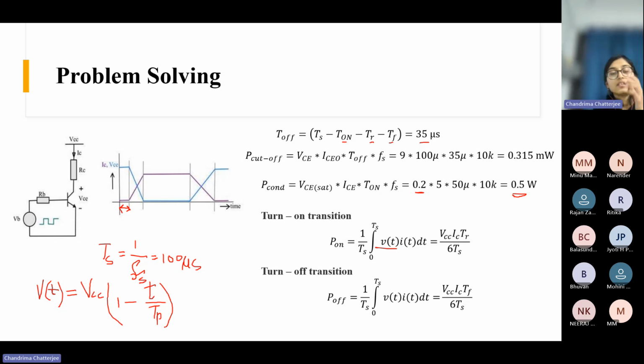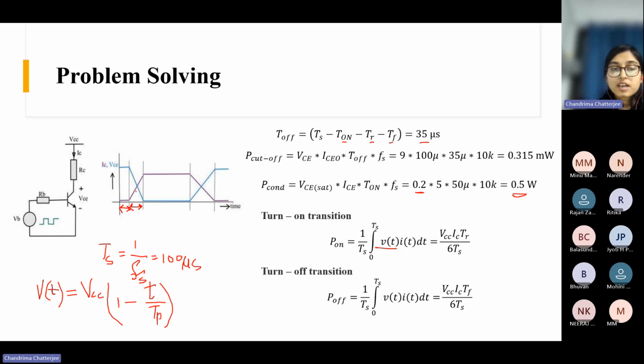Is this fine? I am talking about this portion. This will be our voltage equation with respect to time.